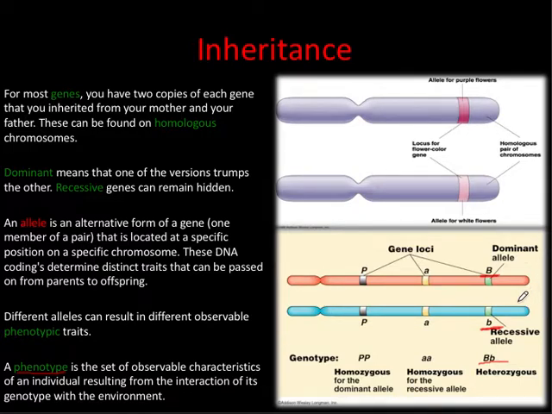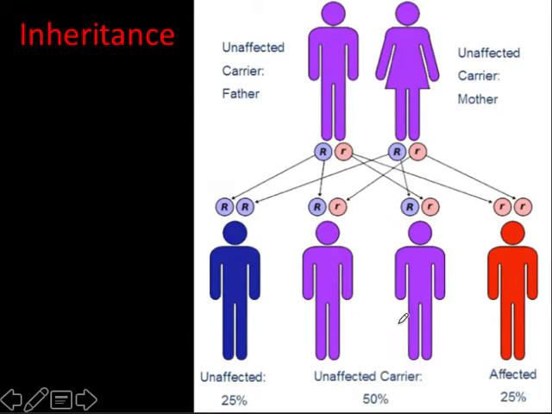Let's have a look at how you actually pass on these alleles to the next generation. So in this slide here, I've got a father and a mother. The father has inherited his own set of chromosomes from his parents. So this blue one might have come from his dad, and this red one could have come from his mother.